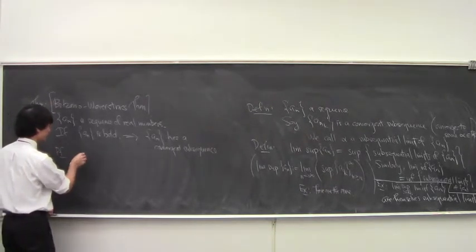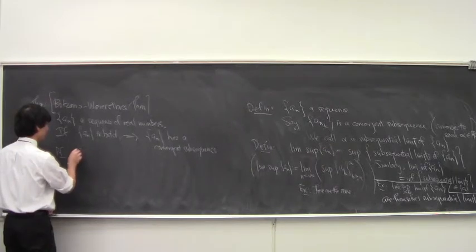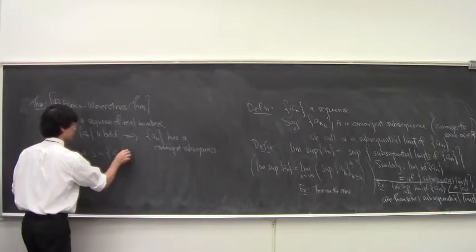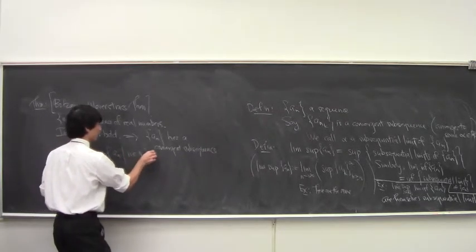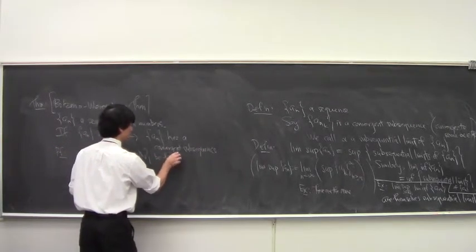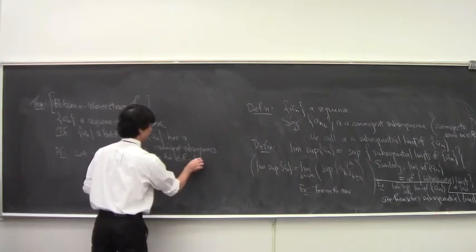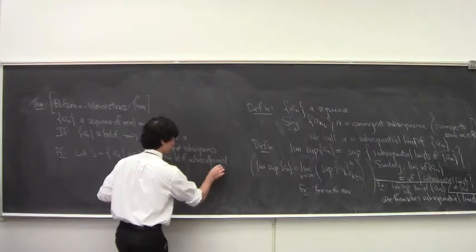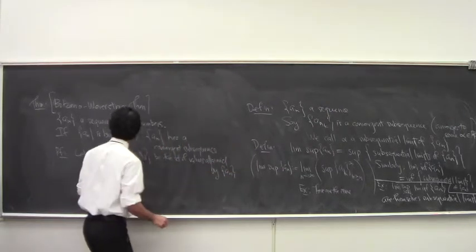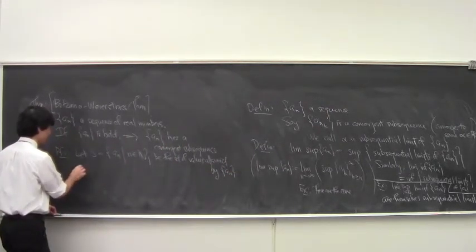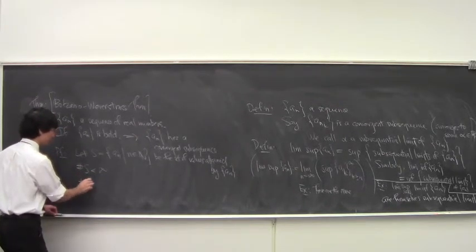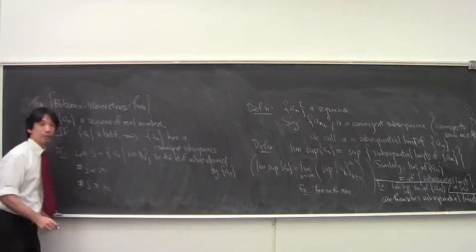Again, we'll let S be the set of values obtained by the sequence. Okay. And again, we'll break it into two cases. Either there's a finite number of values or there's an infinite number of values.